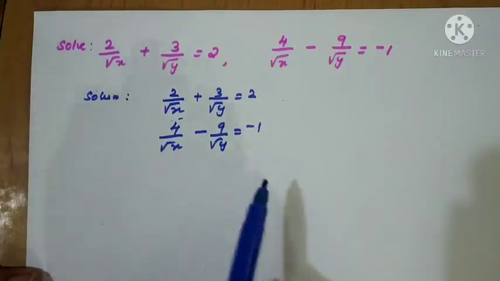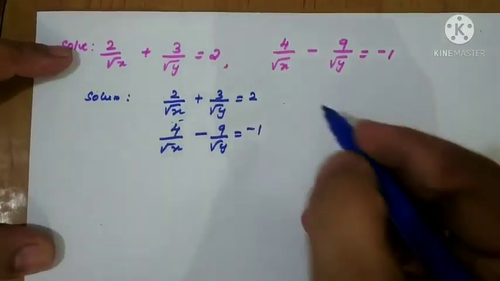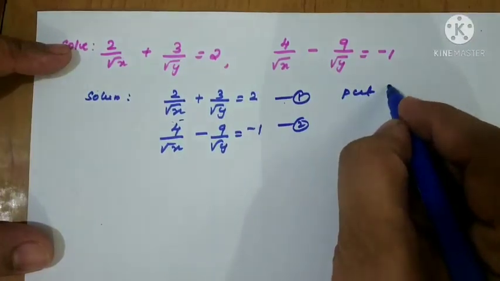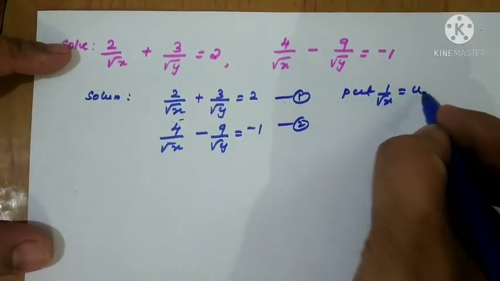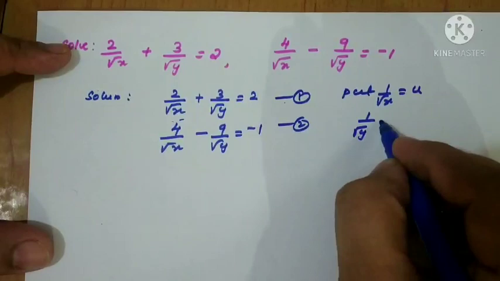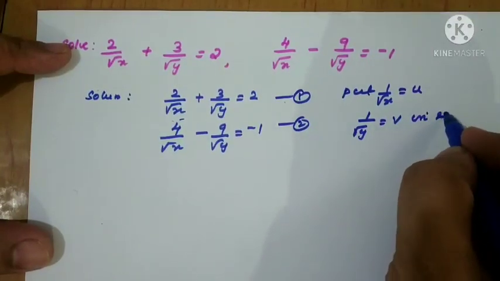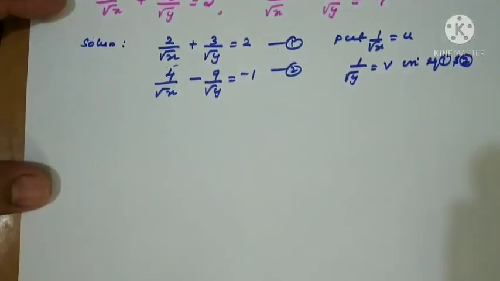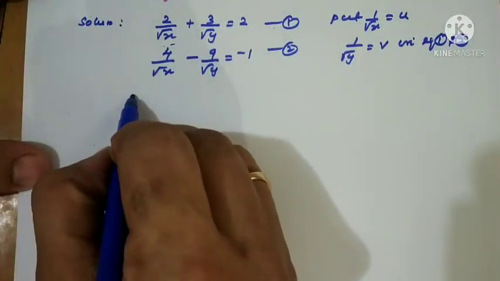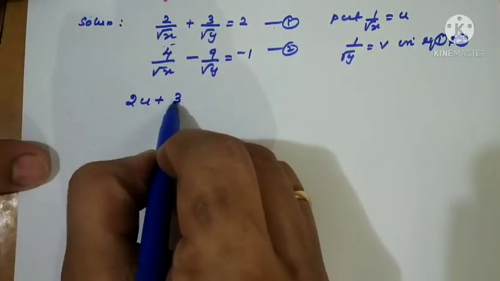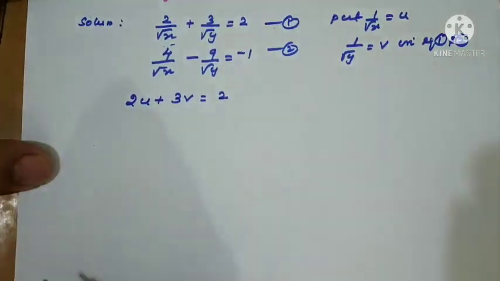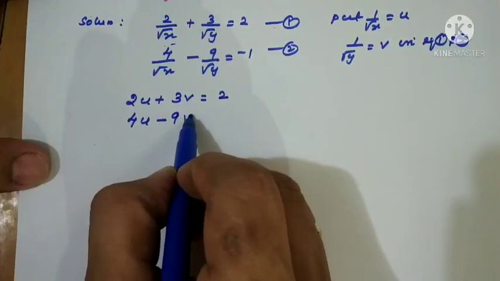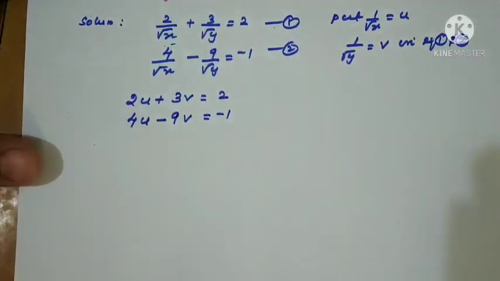Similarly the denominators are the same. So in equations 1 and 2, put 1/√x = u and 1/√y = v. Then we have 2u + 3v = 2 and 4u - 9v = -1.